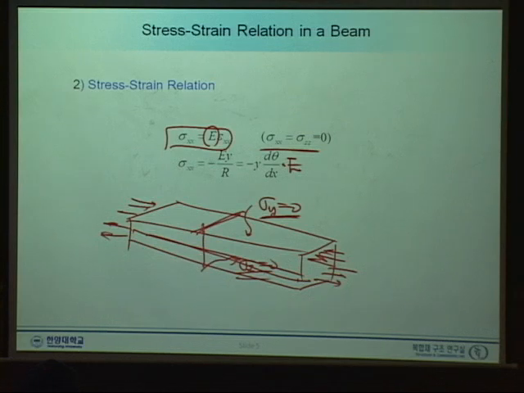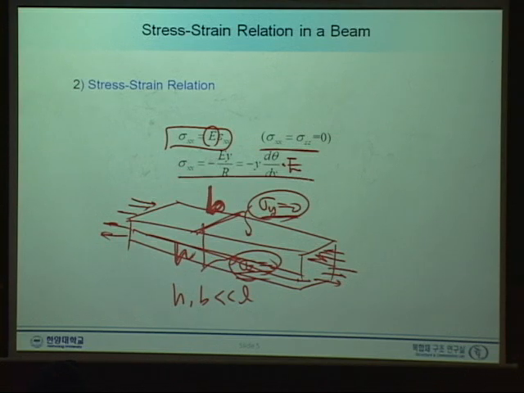So this is the H and this is the W or B, the width and height, and H and B are much less than L. Then this normal stress can be assumed to be very small compared to the axial stress. Anyhow, that's the stress we have.